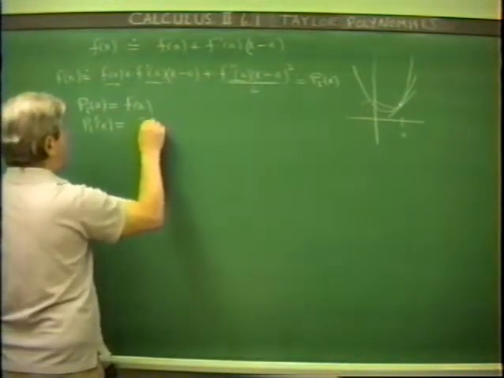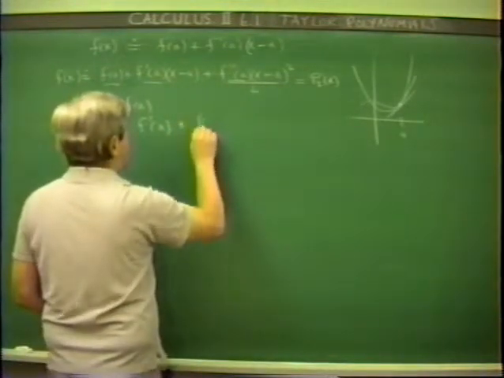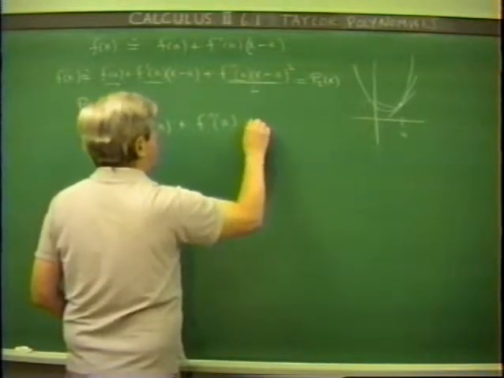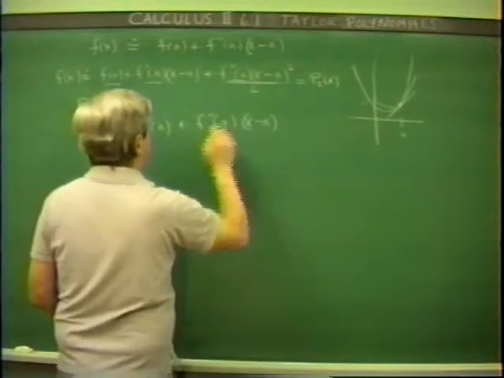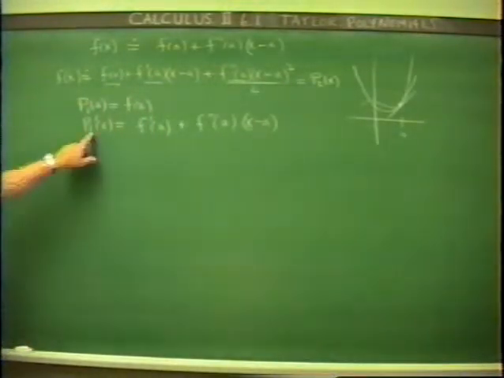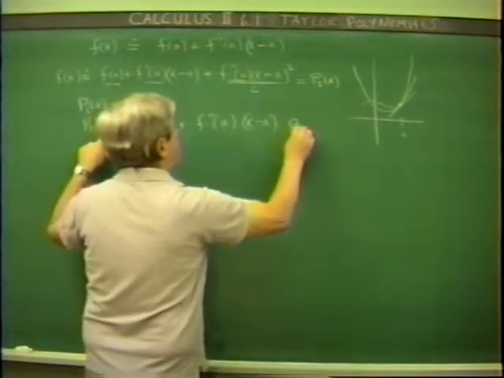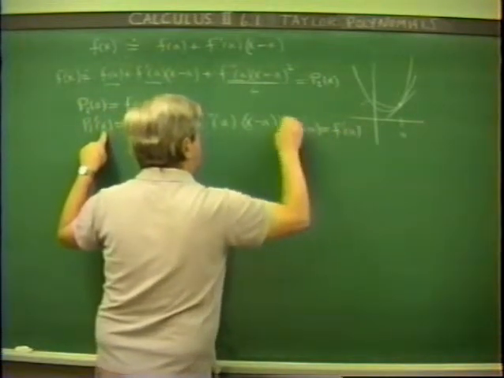We get f prime at a, the derivative of x minus a is 1, plus the second derivative at a, we get 2 times x minus a to the first, and the 2 cancels with the 2 here, so this is the derivative of p2 at x, and when x is equal to a, we get p2 prime at a, and it's f prime at a.